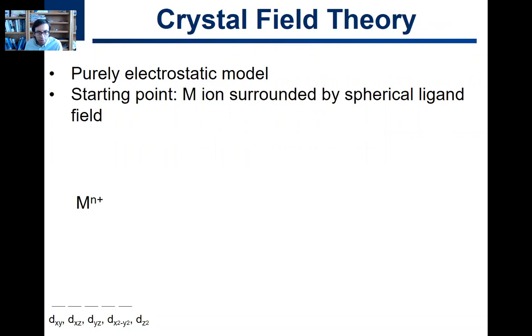All right, so the starting point here is that you have some transition metal ion, and it is surrounded by a spherical ligand sphere. So what does that mean? That means that you're assuming in the starting point that whatever ligands you have, it doesn't even matter at this point how many ligands you have, but let's say for the sake of argument that you have 6 ligands.